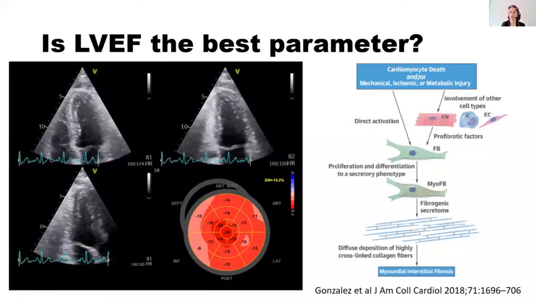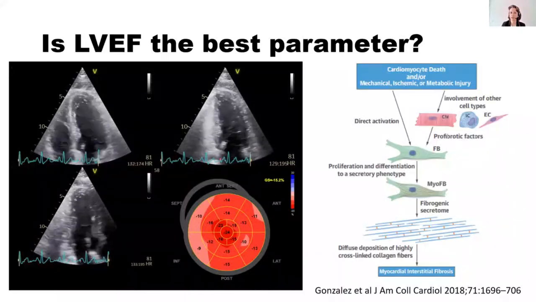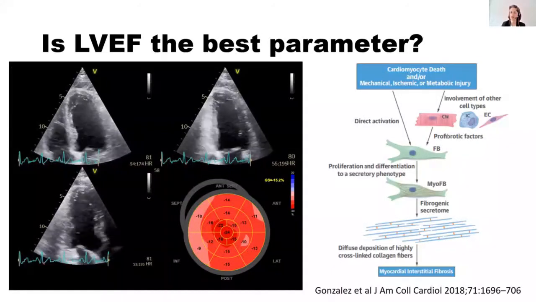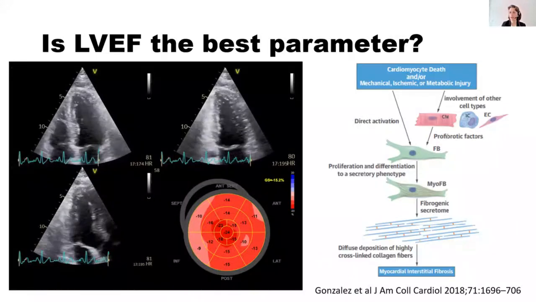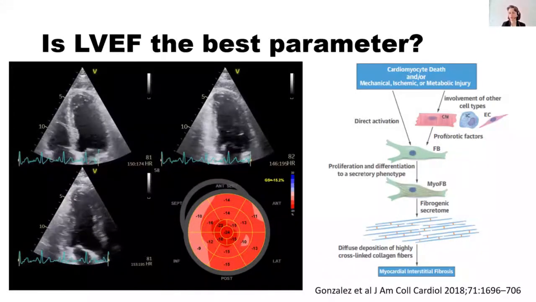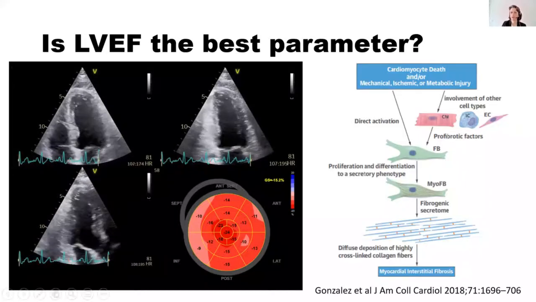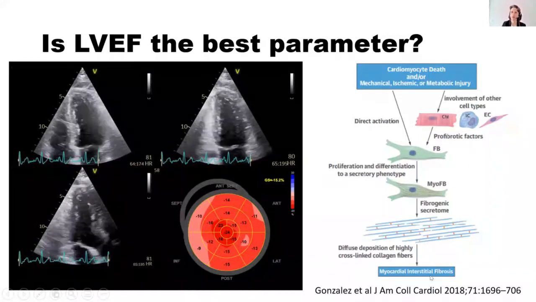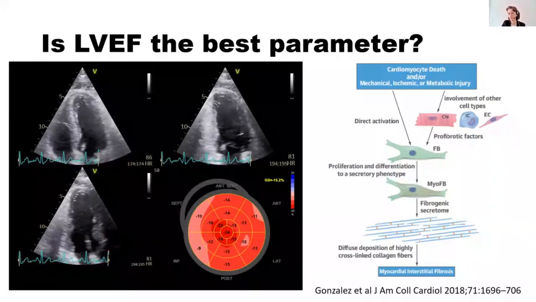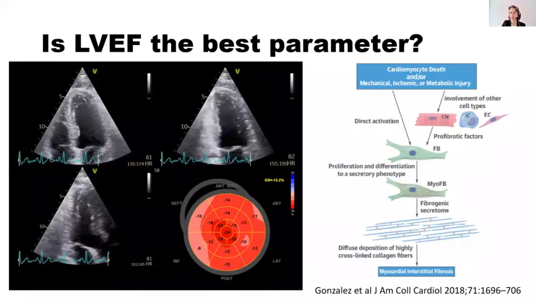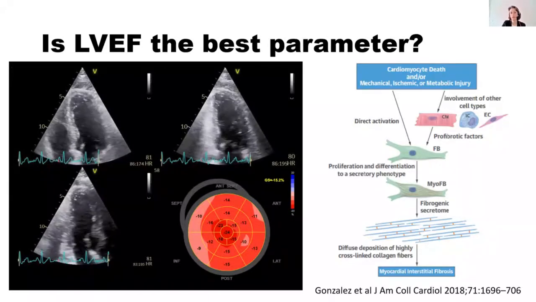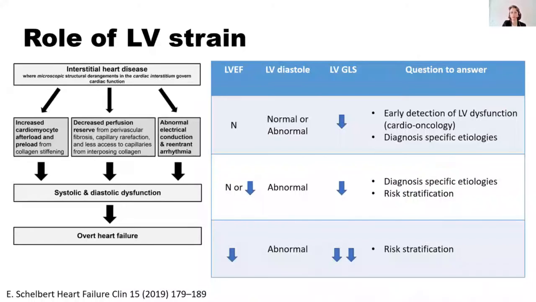They proliferate and differentiate to a secretory phenotype, the myofibroblast, and they activate the pathway of collagen, leading to a diffuse deposition of highly cross-linked collagen fibers that lead to myocardial interstitial fibrosis. This myocardial interstitial fibrosis is the first marker of remodeling, and when there is cardiomyocyte death and replacement fibrosis, it is a scar that will no longer be reversible.